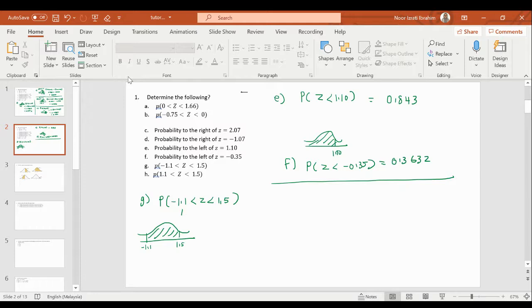This will be equivalent to from 1.5 to the left, which is probability Z less than 1.50, minus from negative 1.1 to the left, which is probability Z less than negative 1.10. And from the table, we get the value of the probability for each of these. This is 0.9332 minus 0.1357. That will give us the answer as 0.7975.